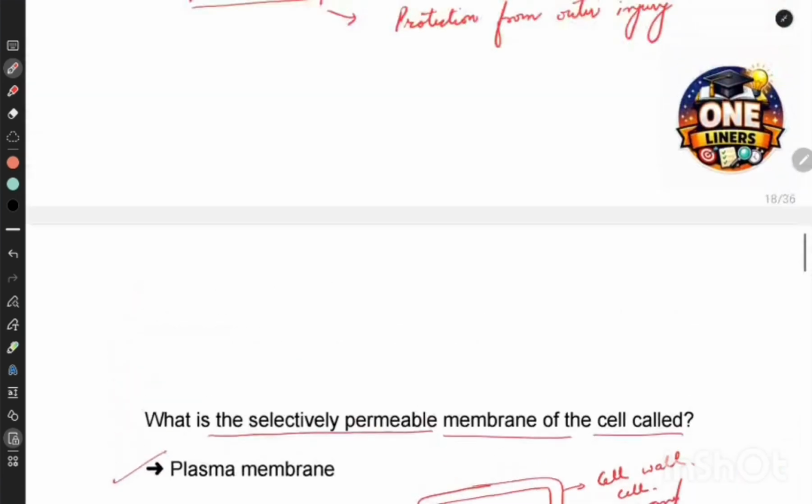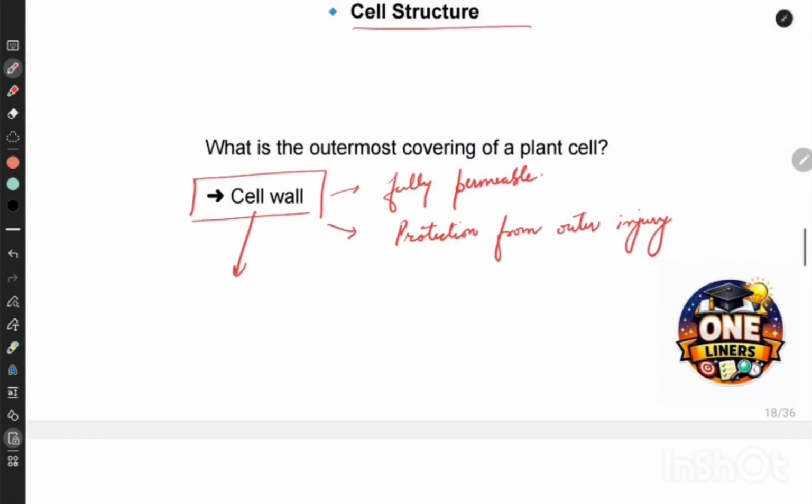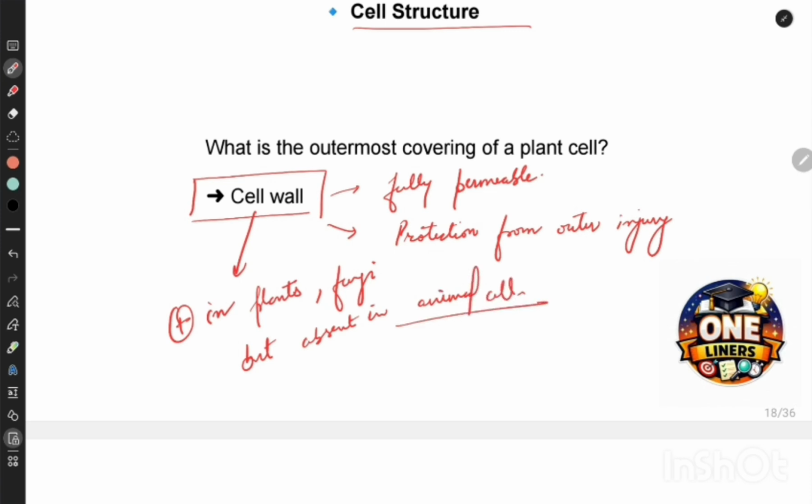One more thing. Cell wall is only present in plants, fungi, but absent in animals. Okay, so cell wall is absent in animal cell.